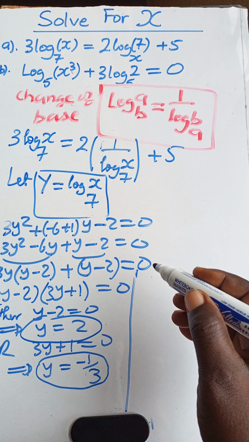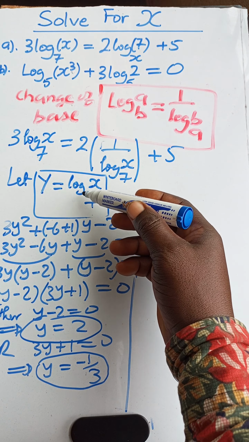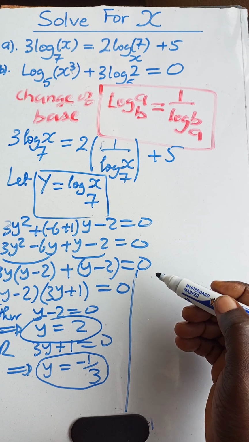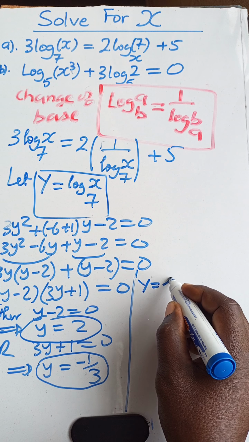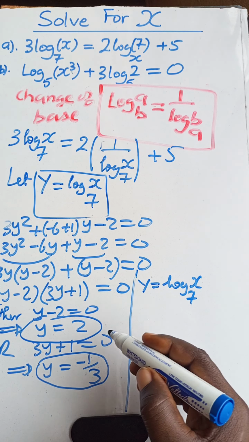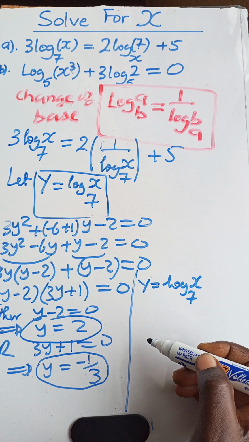To get the value of x, we go back to the substitution that we made earlier. This is a relation between y and x. The relation is y equals log x base 7. So we're going to substitute these values of y in turn to get our corresponding x.